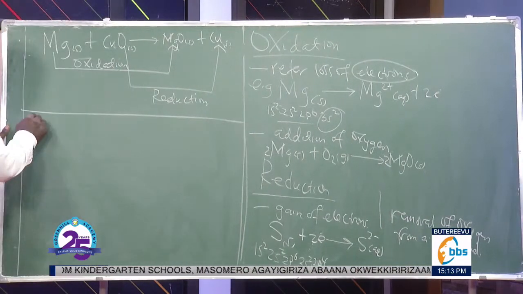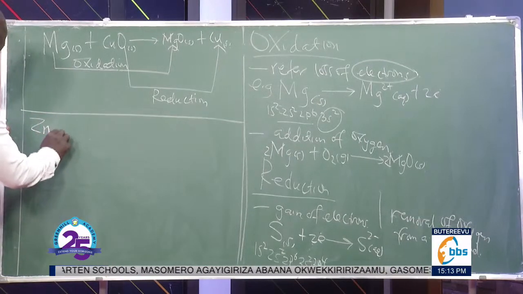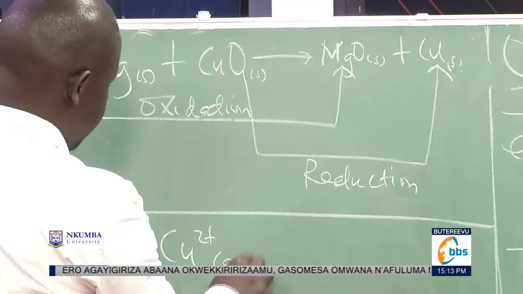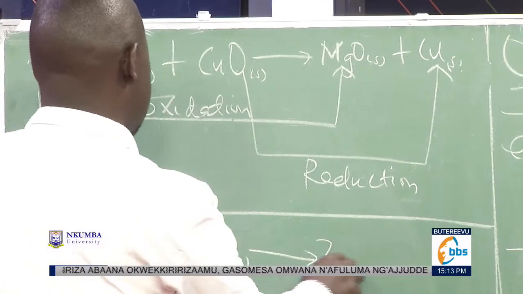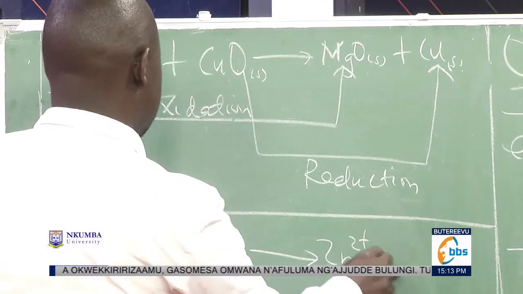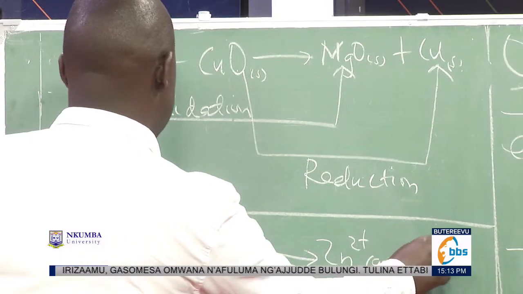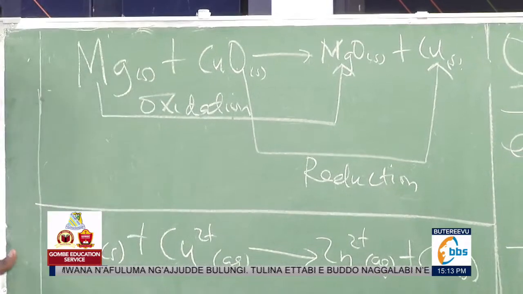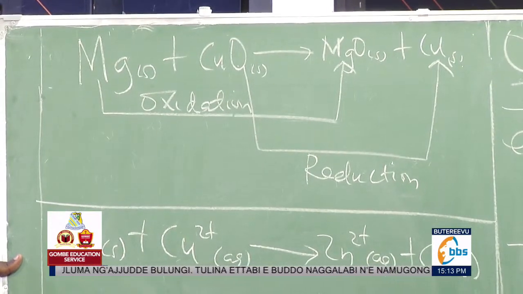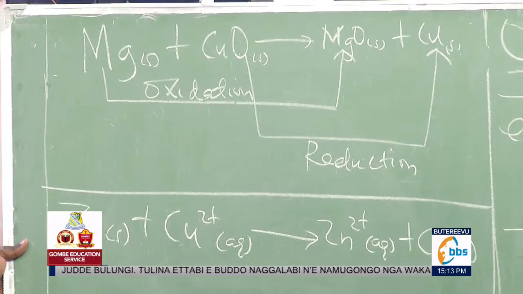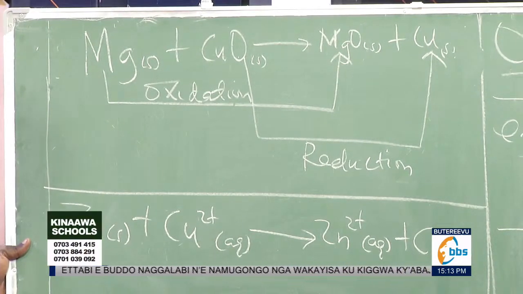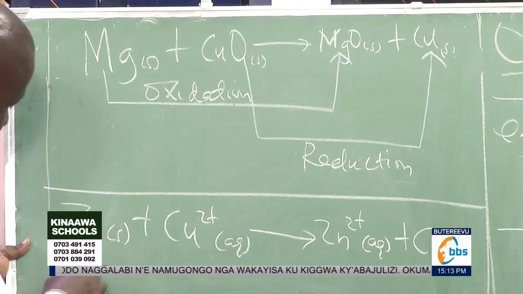Then for A level, we have this example: zinc plus copper 2, we form zinc 2 plus copper solid. How do we explain it in terms of redox reaction? We can pick out zinc.